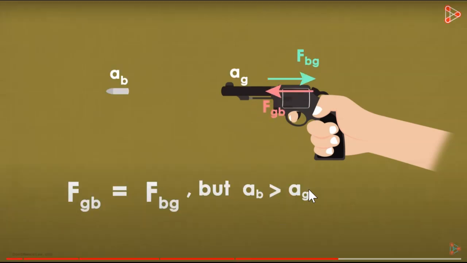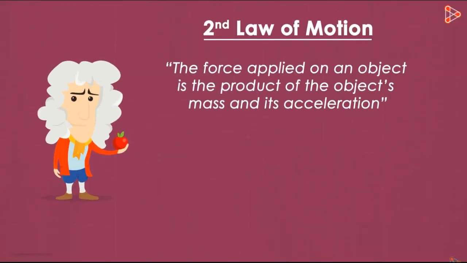Now, you may have noticed that even though these forces are the same, the bullet accelerates and speeds up much more, whereas the gun accelerates much less. How can their accelerations be unequal, but the forces are equal? The answer has to do with Newton's second law. Net force is equal to mass times acceleration.